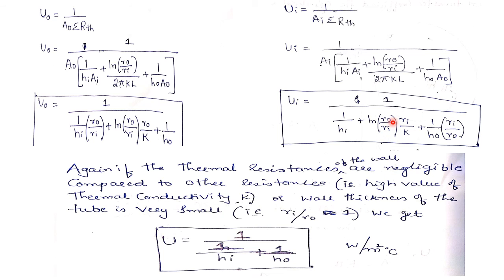Ri by R0 term we are neglecting. If we neglect this conduction thermal resistance, then my final equation will be overall heat transfer coefficient U equal to 1 divided by 1 upon Hi plus 1 upon H0, with units watt per meter square degree centigrade.